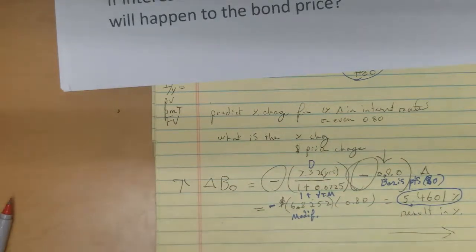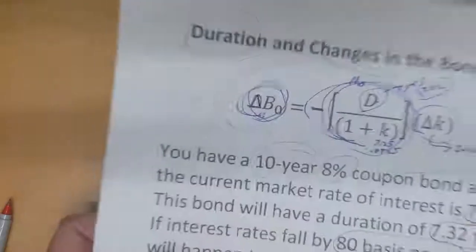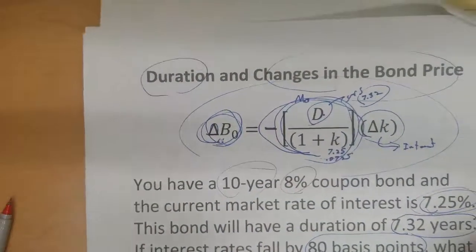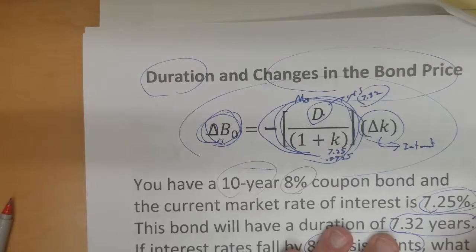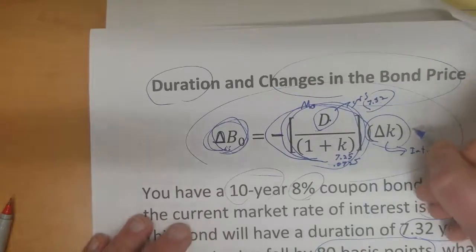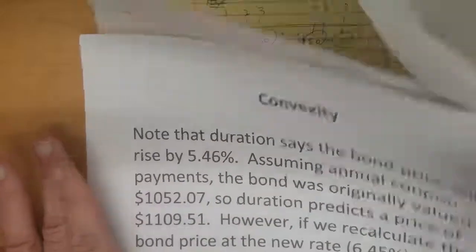So again, when they mention volatility, they're talking about the price sensitivity of the bond. So this gives us about a 5.46% positive increase in the bond price as the interest rate goes down by 0.80.